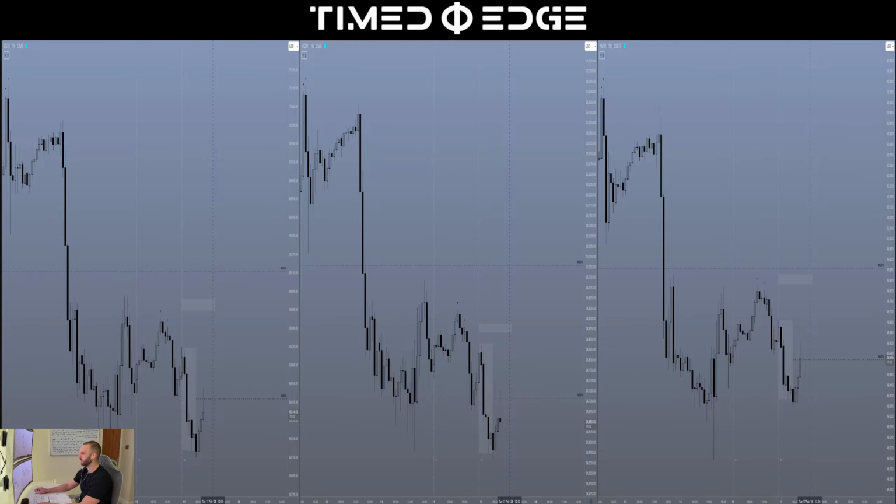If we look at the bonds, they're flying up. Let's go on a 1 hour. Let's break this down. Yeah, we're just pushing. Something must have happened over the weekend. You never know what Donald Trump's up to, but where's the liquidity on here, right? Liquidity is above these highs, old lows. Let's go on a weekly.